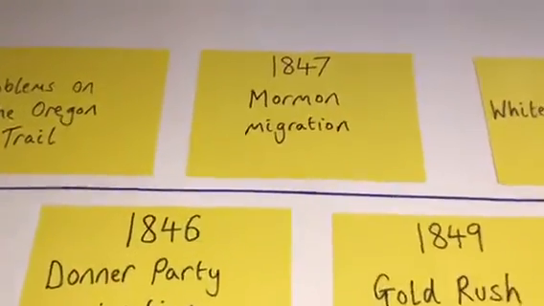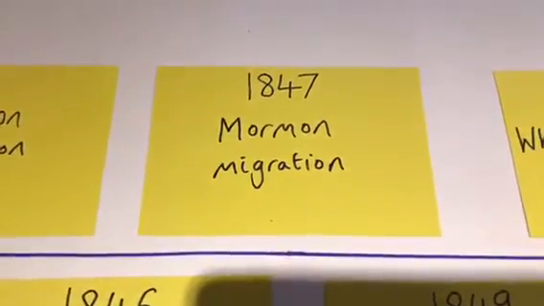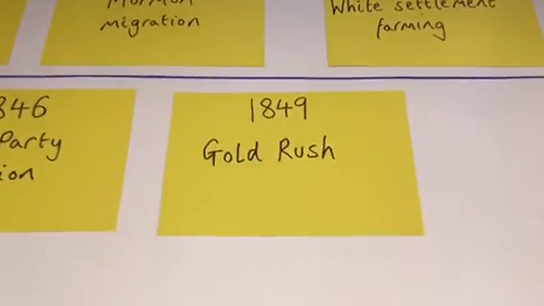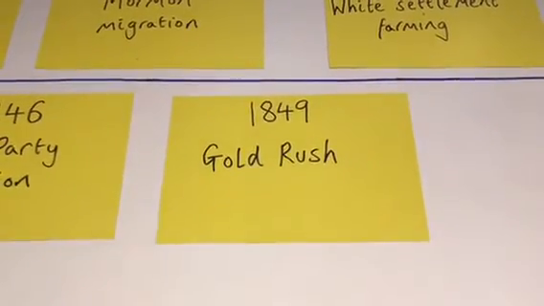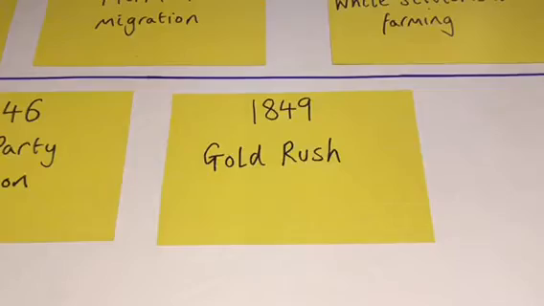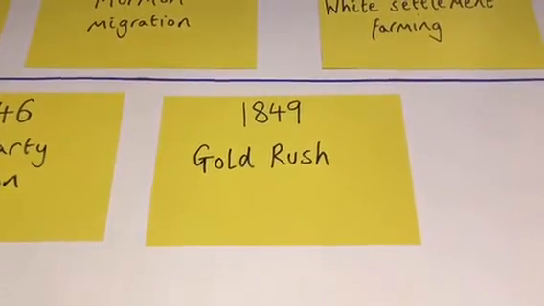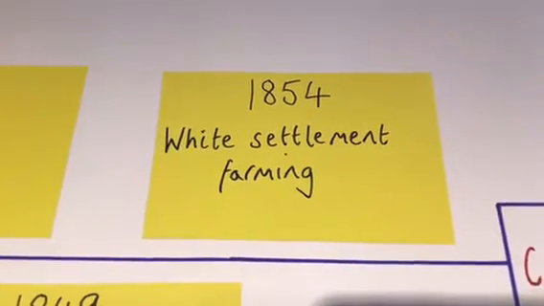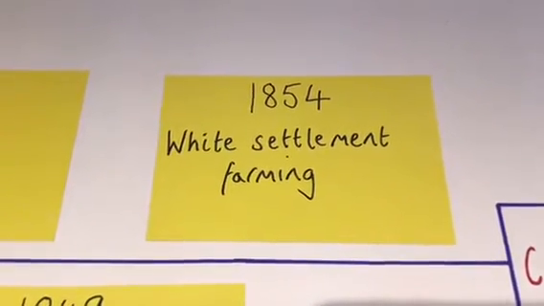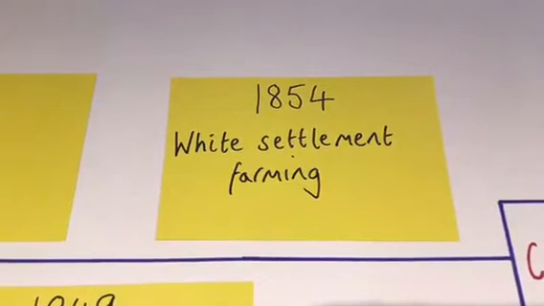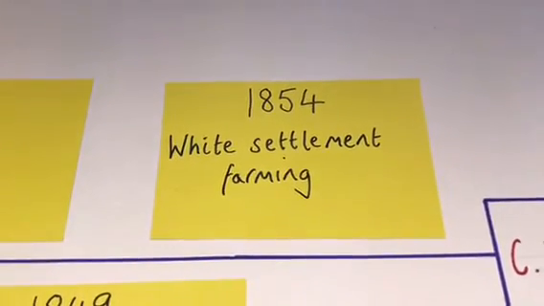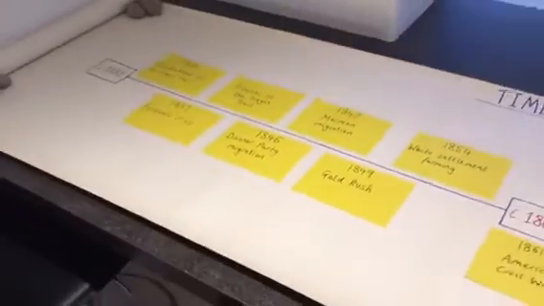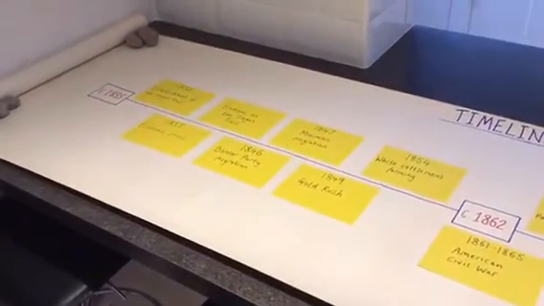Then the far more successful Mormon migration of 1847, into where you get a flood, keyword a flood, of migration in 1849 with the gold rush in the Sierra Nevada mountains. And then just before we end that period of time, you've seen that some white farmers started to try and settle for the first time on the plains states. So those are the first 7 cards that you should have created so far.